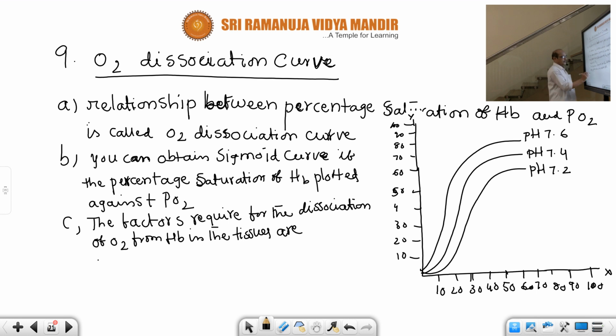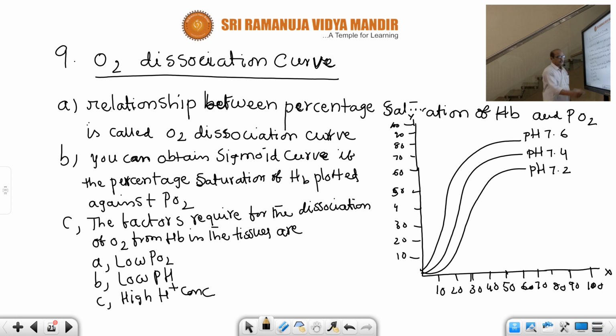A, low PO2, tissues in which PO2 is low, 40 mm mercury. Low pH, high hydrogen ion concentration, because the greater the hydrogen ion concentration, the lesser the pH; the lesser the hydrogen ion concentration, the greater the pH.